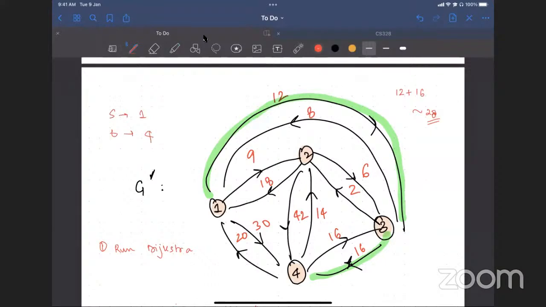And in the question, it is mentioned very beautifully that once you go from U to V, you incur the same cost as going from V to U. But if you just build G dash like I just built here, then you can do something better.